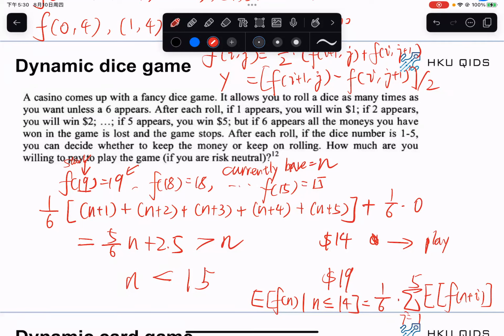Because if we are at 13, then it is possible for us to get 14 or 15. And since we already know this, we can go all the way backwards to F0. And by solving that, the expected value of F0 is going to be 6.15. So I'm going to be willing to pay $6.15 to play the game, okay?